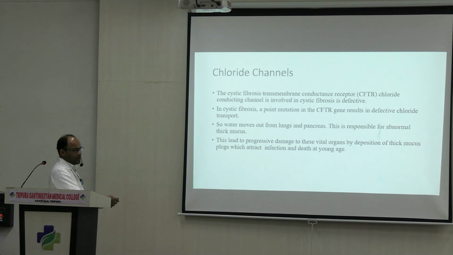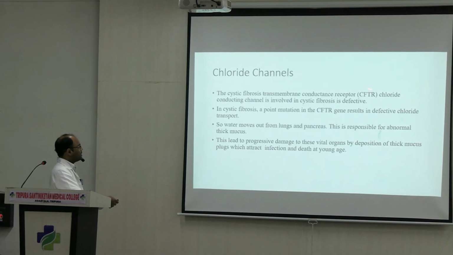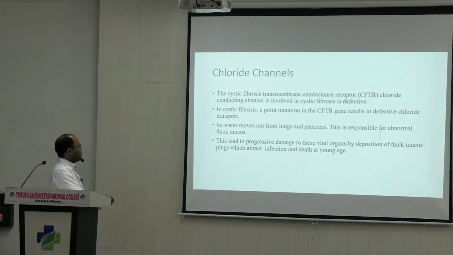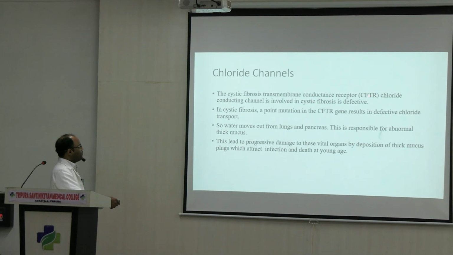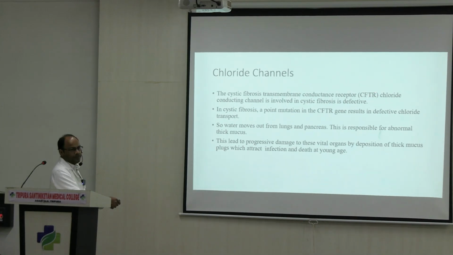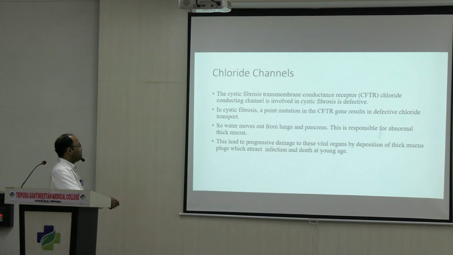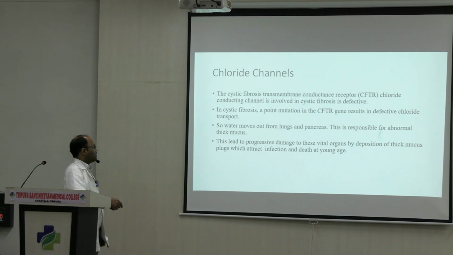And this is one important thing, just remember this: cystic fibrosis, one disease where the chloride channel is defective. This is because of a point mutation in the CFTR gene resulting in defective chloride transport. So water moves out from the lungs and pancreas, and this is responsible for abnormal thick mucus.